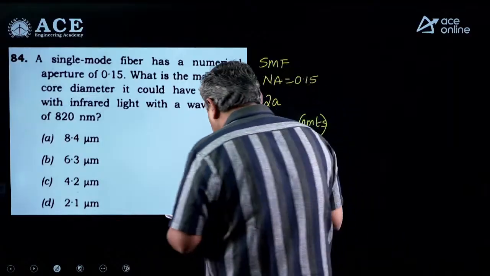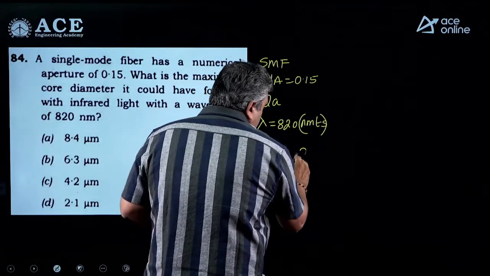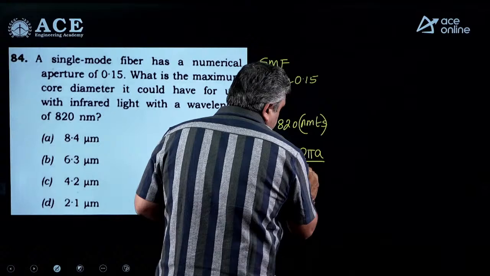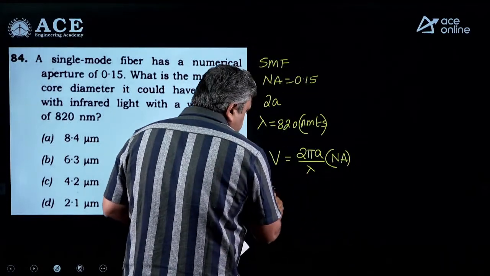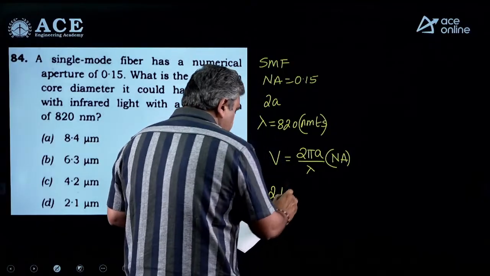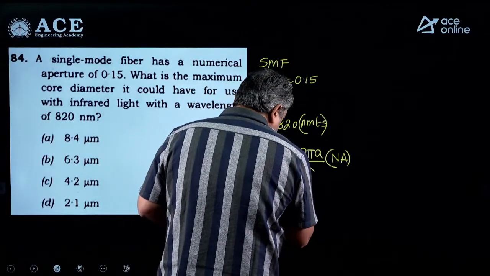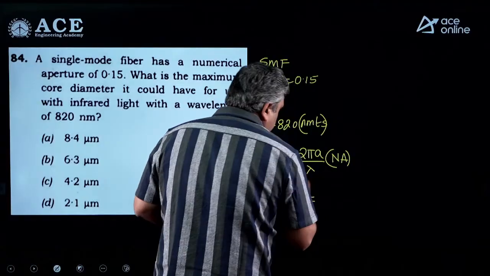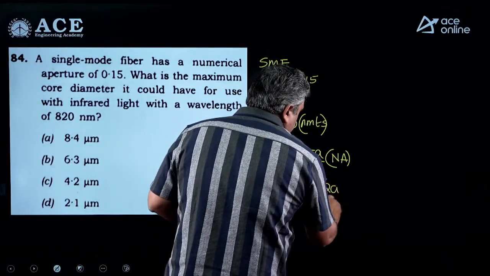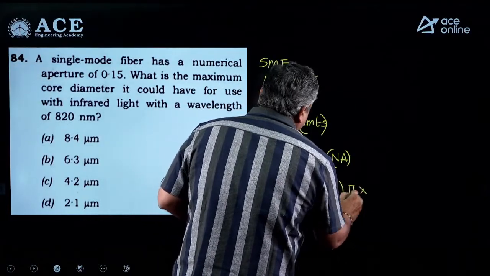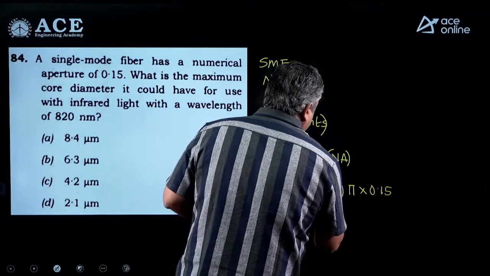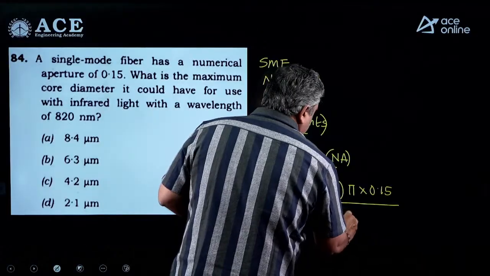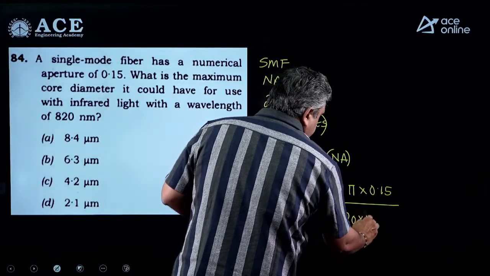So directly we can use the V number formula, 2 pi a by lambda into numerical aperture. For a single mode fiber, this V number is 2.405, you can express it as 2.4 also. 2a is our requirement, into pi into numerical aperture, given as 0.15, and lambda is directly given, 820 into 10 to the power of minus 9.